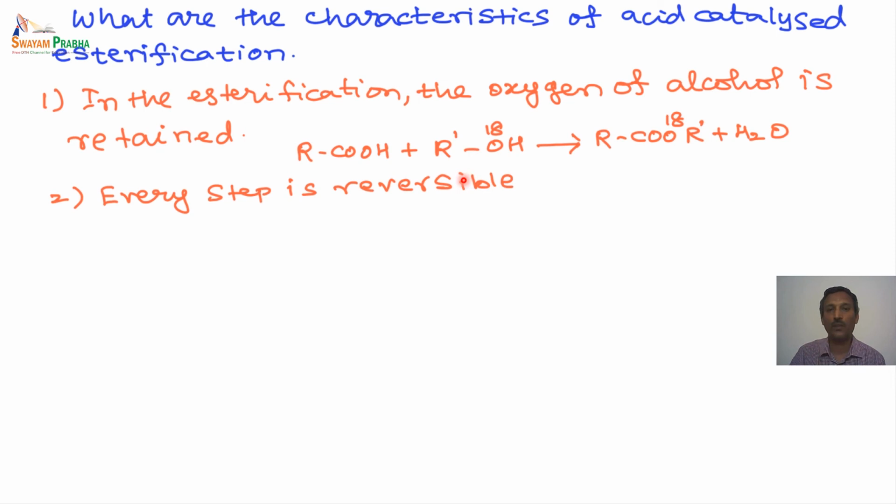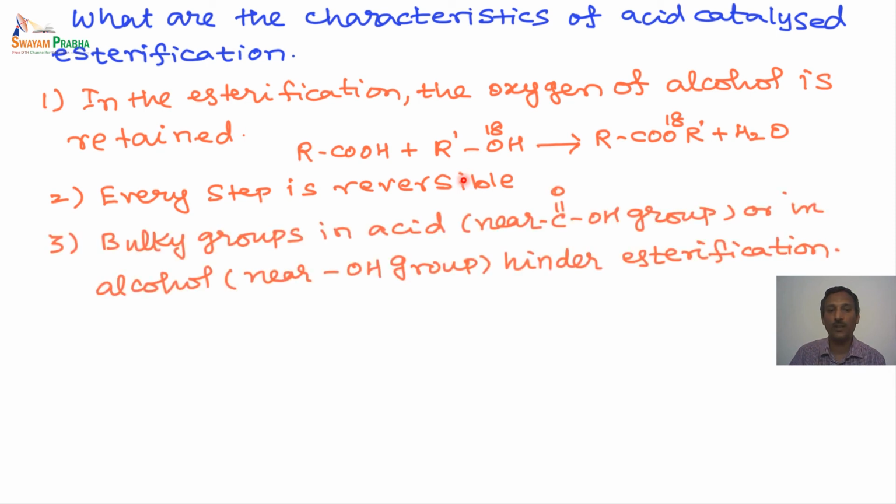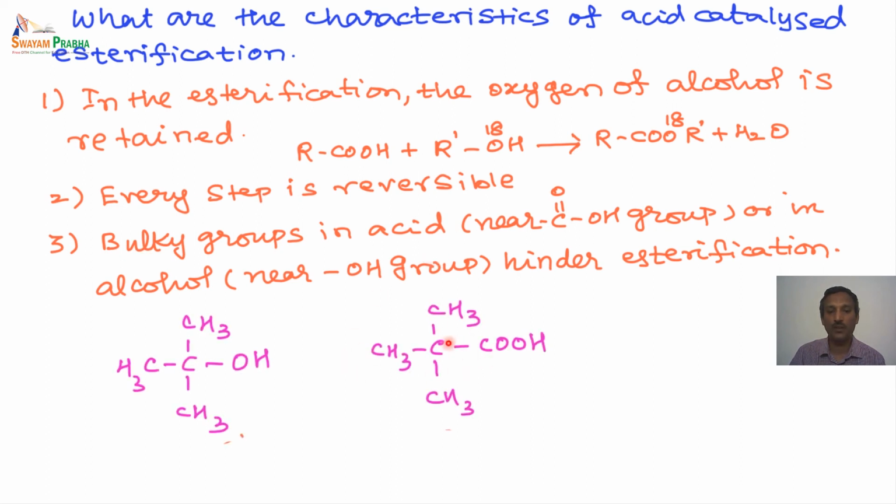So in the esterification, every step is a reversible reaction, and any bulky groups present in the carboxylic acid or the alcohol carbon matter. In both cases, if the functional group carbon has very bulky groups, they do not undergo esterification very easily.